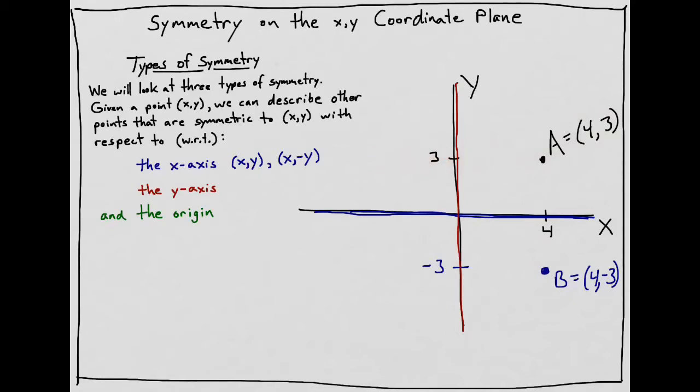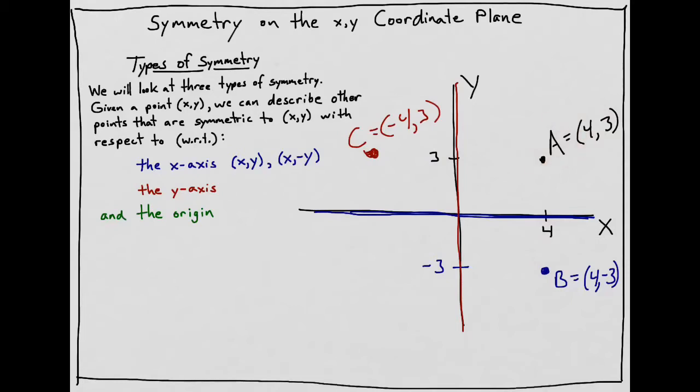And so the y-coordinate is going to stay the same, but the x-coordinate is going to become exactly the opposite. So point C, for example, would have the coordinates -4, 3. And that would be the symmetric partner with respect to the y-axis, the symmetric partner to point A.